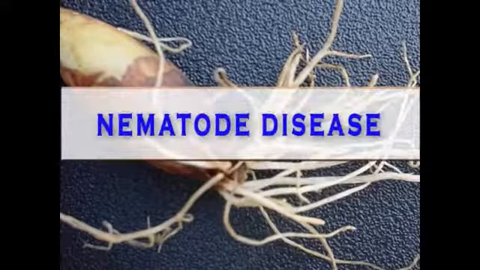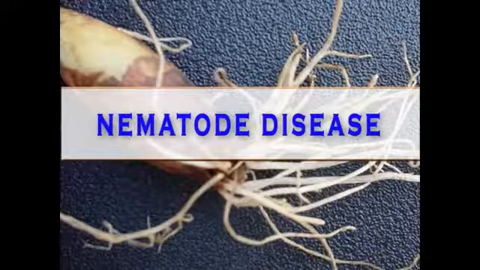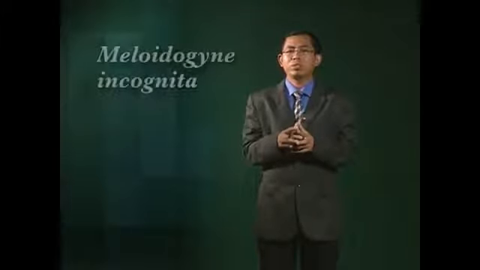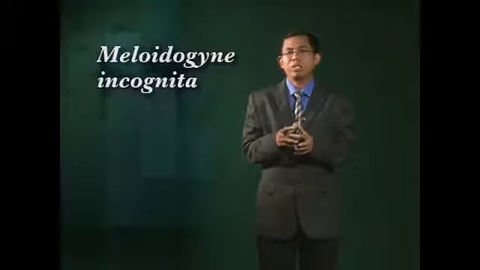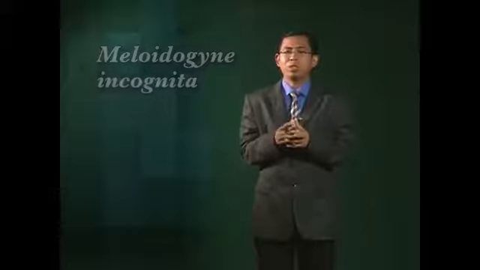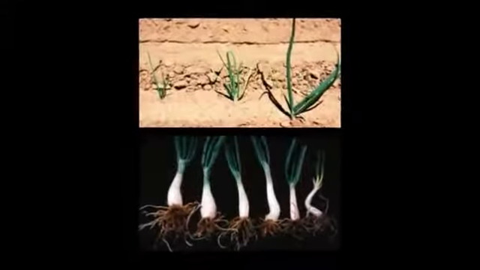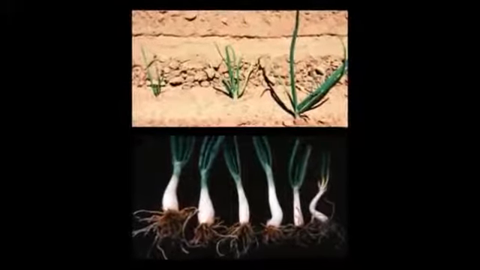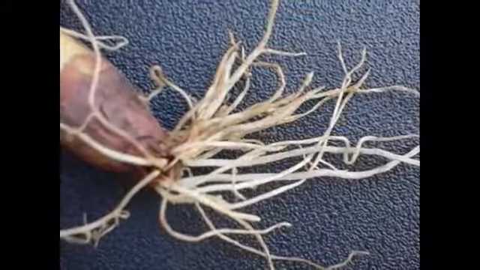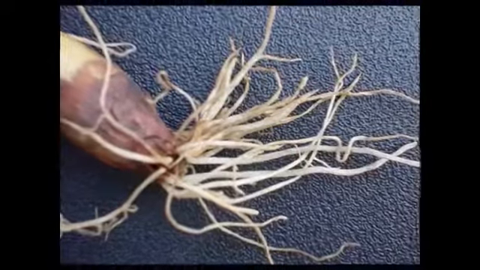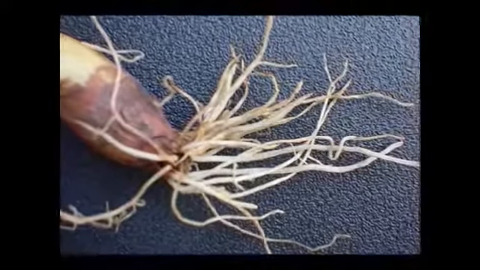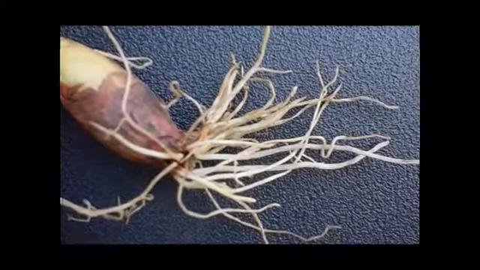Now, let us see nematode disease. Nematodes like the southern root knot nematode Meloidogyne incognita can be a serious pest on onions grown in sandy soils under high temperatures. However, nematodes are generally considered minor onion pests compared to fungal and bacterial pathogens.